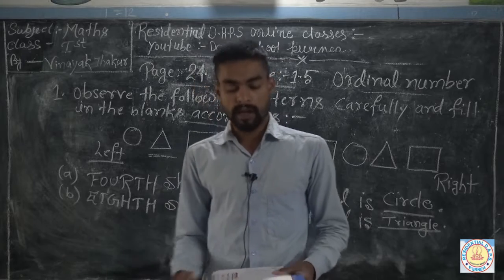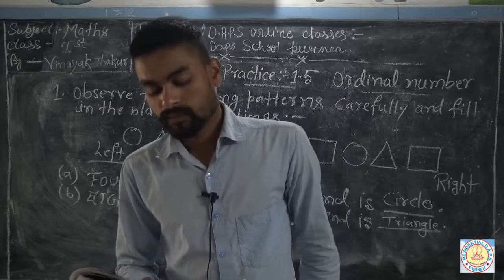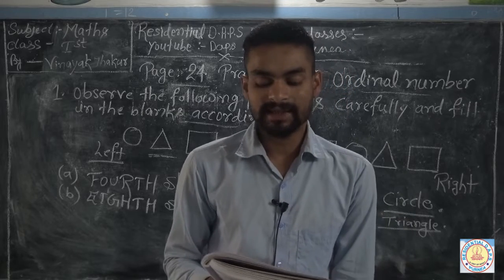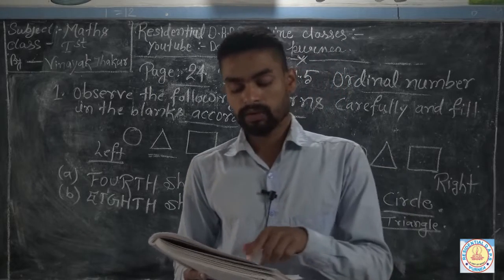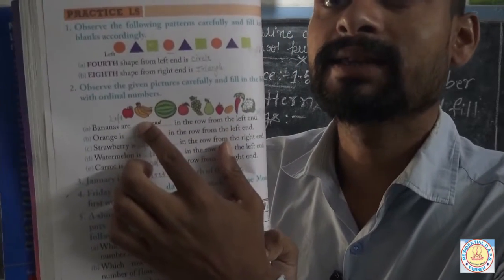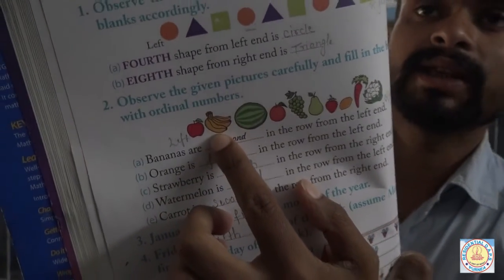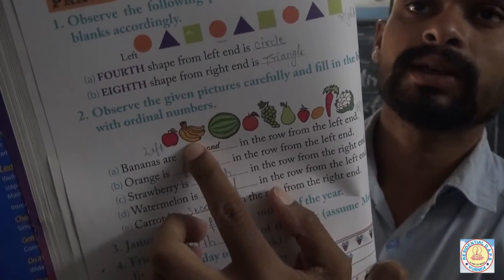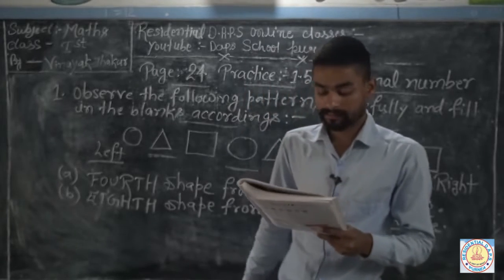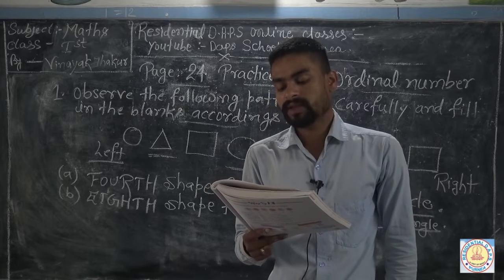So you can also find out the question number second all answers easily, because the bananas here show that the banana is dash in the row from the left end. So you can also see that the banana is on the second place. This is seen very clearly. And your question number B tells us orange is dash in the row from the left end.